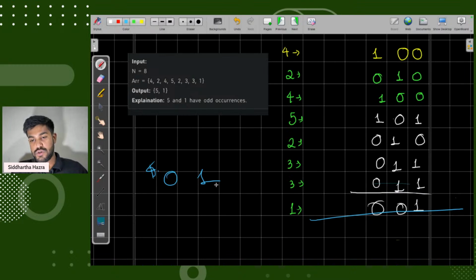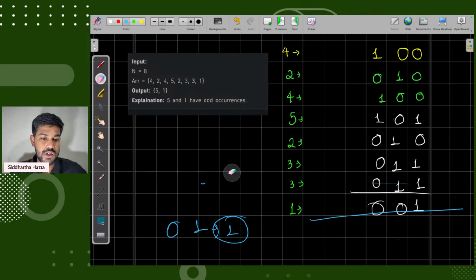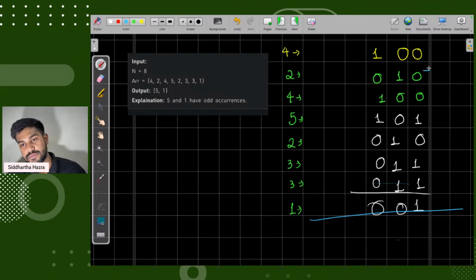Okay, so this just means that if both have the same number of occurrences, let's suppose 0 and 1, 1 XOR 0 is equal to 1. Now let us see how this goes. So 0 XOR 0 is equal to 0. 0 XOR 0, same, 0. 0 XOR 1 is equal to 1. 1 XOR 0 is equal to 1.